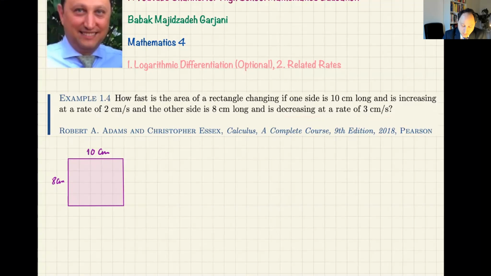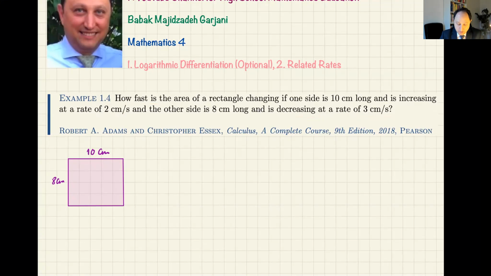The point is, how fast is the area of this rectangle changing? I don't know. Do you have any intuition? Do you think that the area will increase or decrease with these numbers?